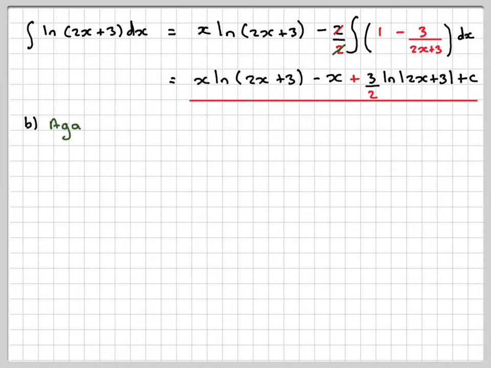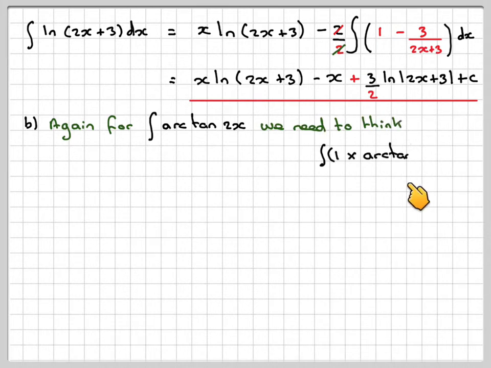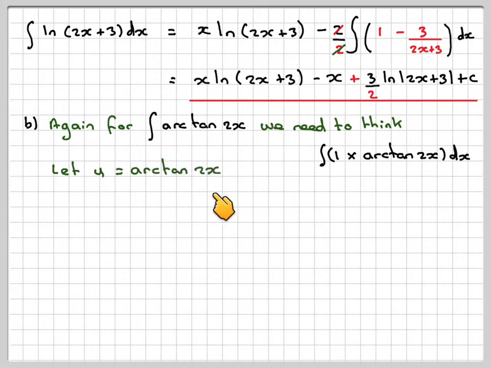For the second one, again, you need to write arctan in the form of 1 times arctan of 2x dx. So if you let u be equal to arctan 2x, because that's what we're actually trying to integrate, we'll differentiate it, because we can differentiate it. It's a standard differentiation, 1 over 1 plus 2x squared.